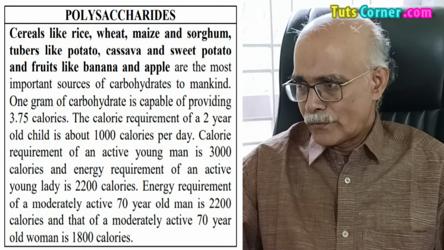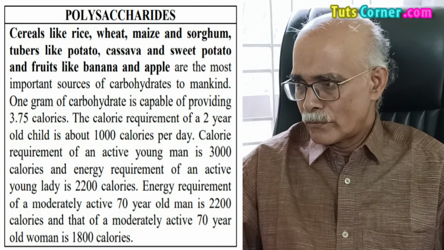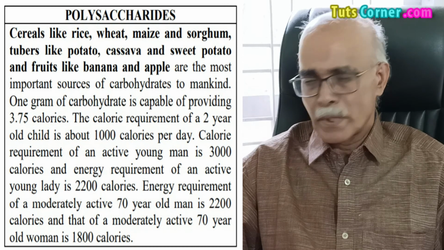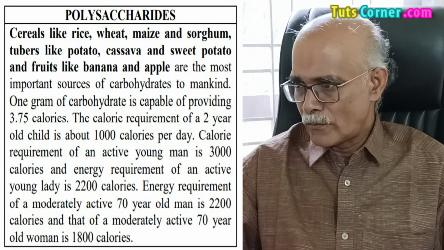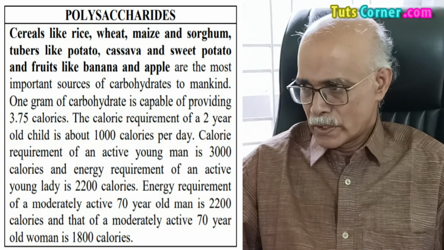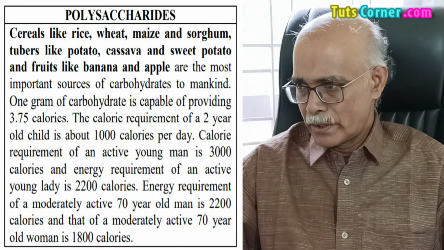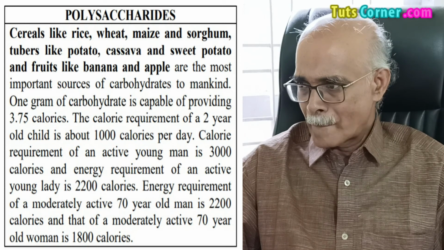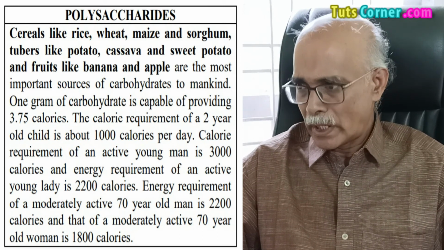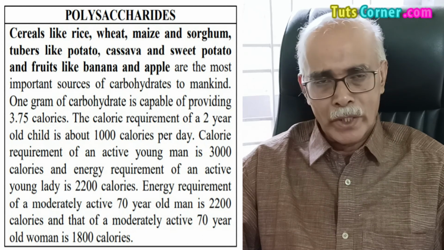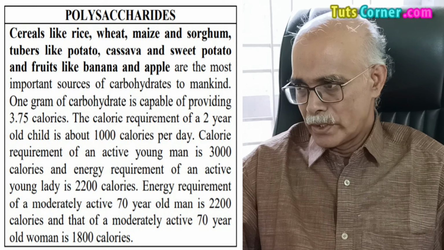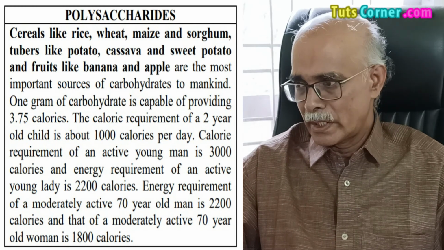Calorie requirement of an active young man is 3000 calories per day, and energy requirement of an active young lady is 2200 calories. Energy requirement of a moderately active 70-year-old man is 2200 calories, and that of a moderately active 70-year-old woman is 1800 calories.